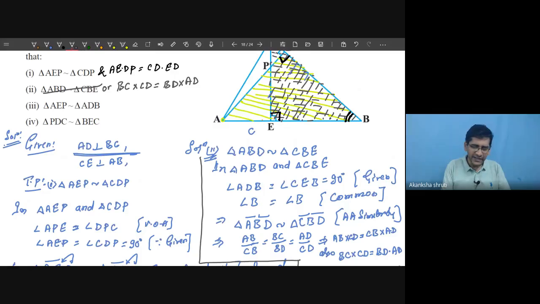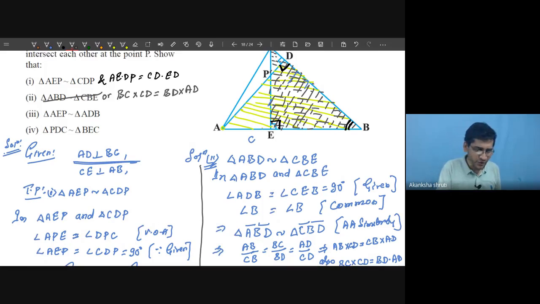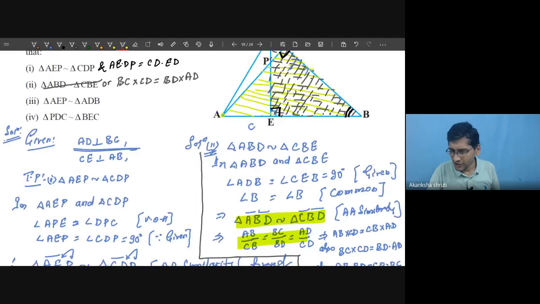So even proving similarity is not asked in the question. What is asked is the product or the ratio, but still first you have to prove it similar. Then after proving the similarity, you can write the ratio, and after writing the ratio you can write this product.